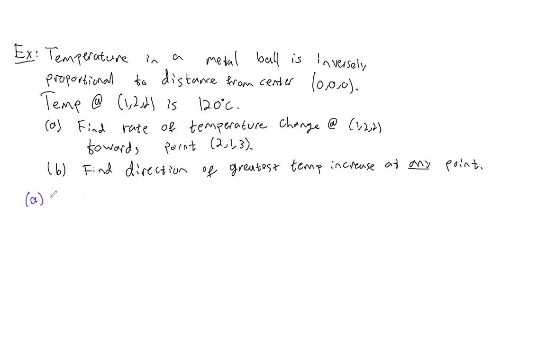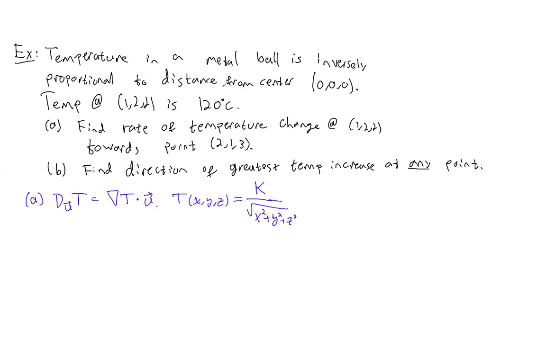So for A, once again, we need to use our directional derivative formula, gradient of T dotted with u. Now we don't know what T is in this case. All we know is that T(x, y, z) is inversely proportional to the distance. What that means is it's some constant k over the square root of x squared plus y squared plus z squared.